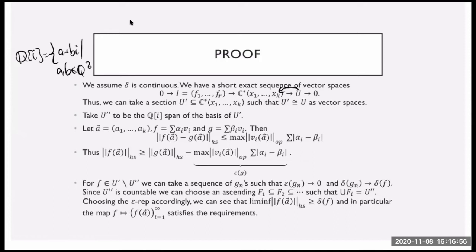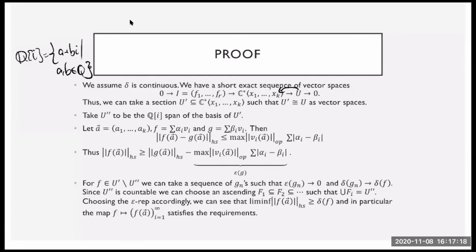This is a field, and we can take the span with respect to this field. And in the L1 norm that I mentioned a moment ago, this is dense inside U prime. So when I say that you can take a dense subset, you can take this specific subset, for example.